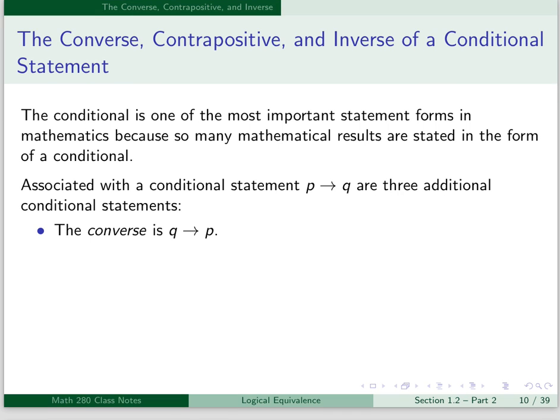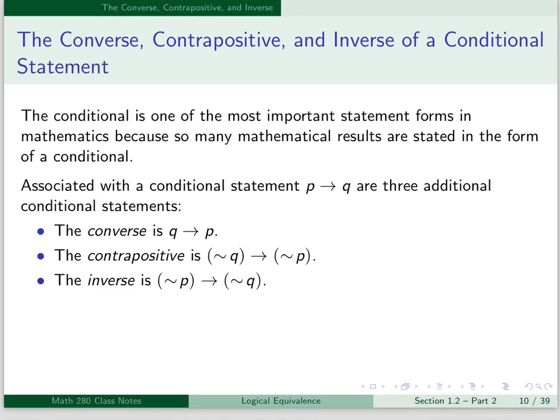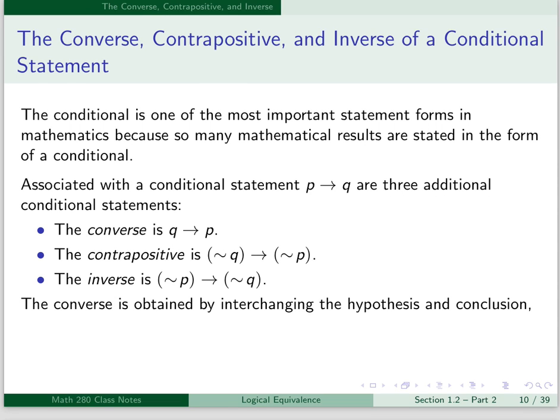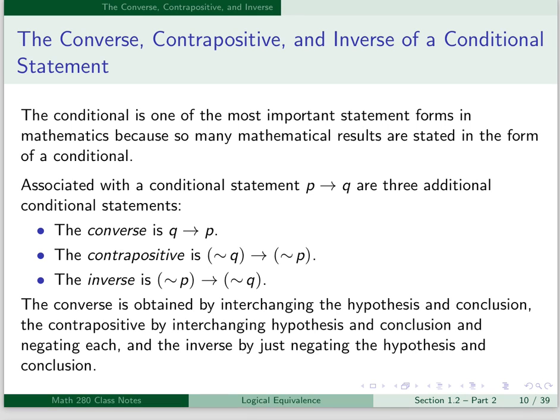The converse is Q implies P. The contrapositive is not Q implies not P. The inverse is not P implies not Q. The converse is then obtained by interchanging the hypothesis and conclusion, the contrapositive by interchanging hypothesis and conclusion and negating each, and the inverse by just negating the hypothesis and conclusion.